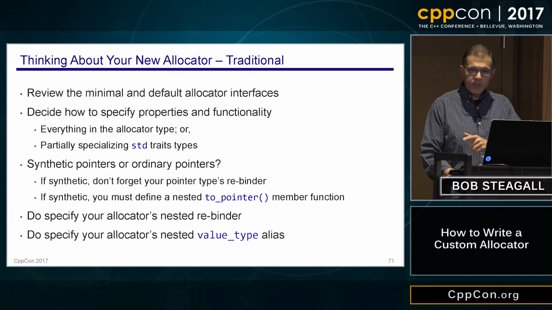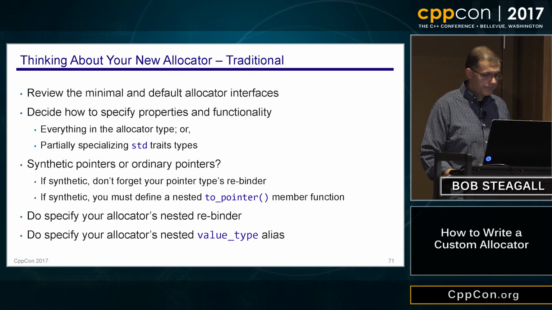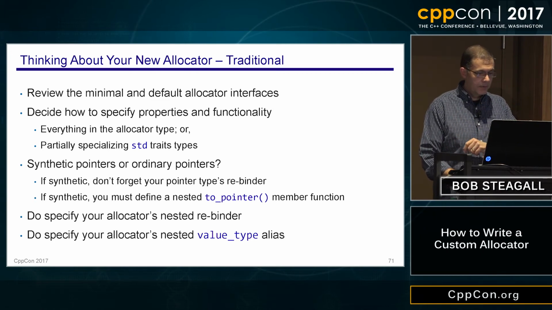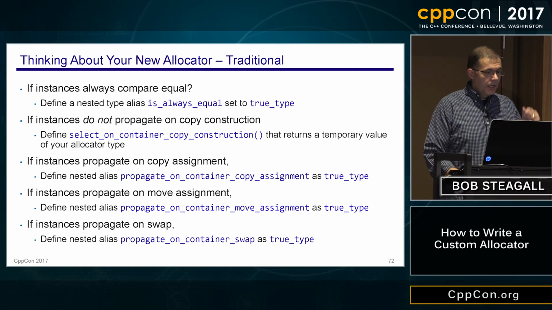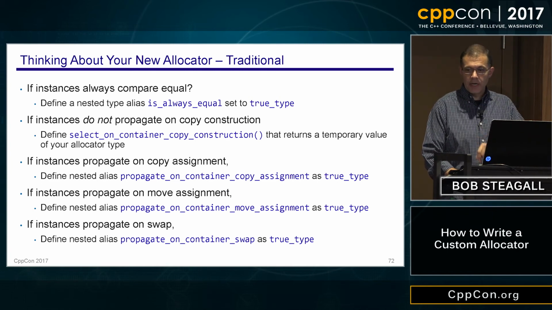Do specify the rebinder for your allocator. Do specify your allocator's nested value type. Actually, you have to do that. If the instances always compare equal, then define the nested type alias and set it to true type. That'll buy you a little tiny bit of speed at runtime because the containers will make compile time decisions about what to do.